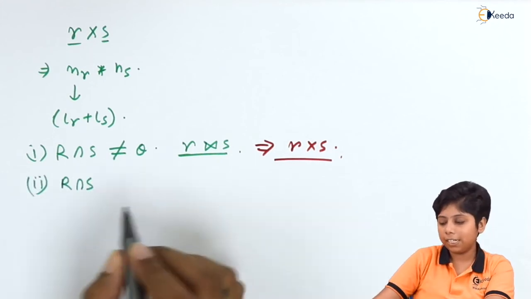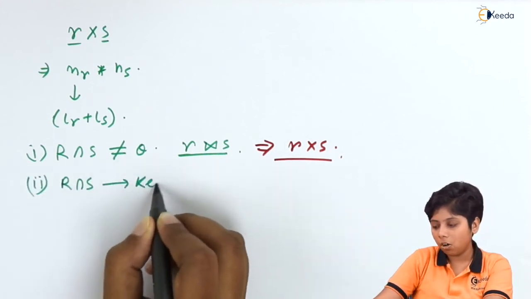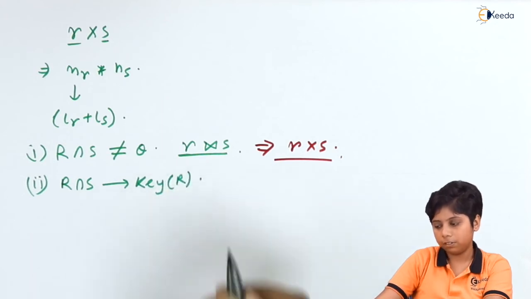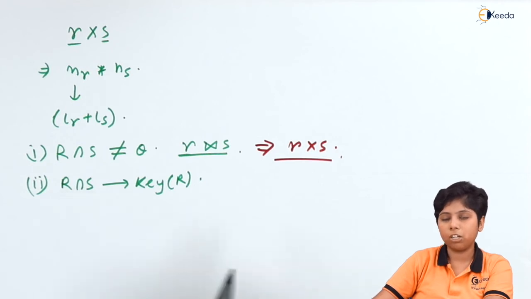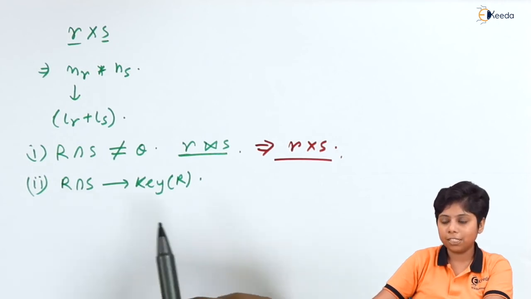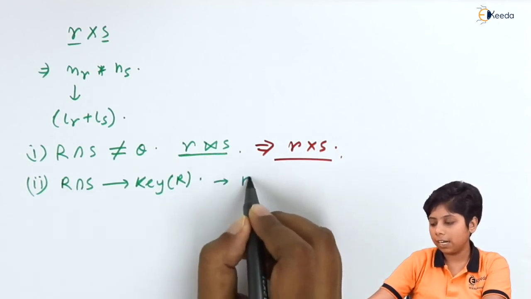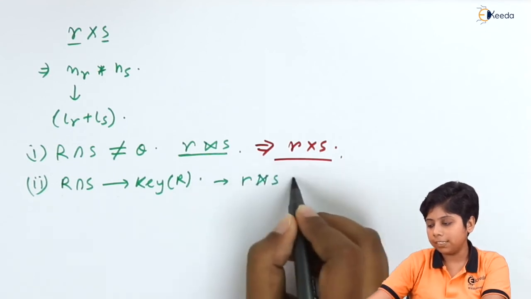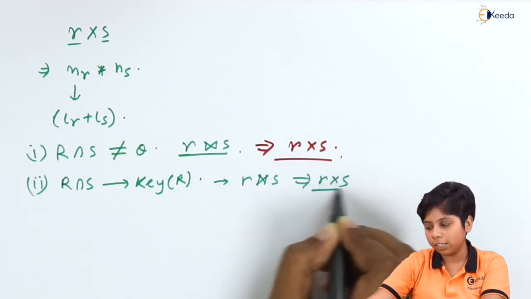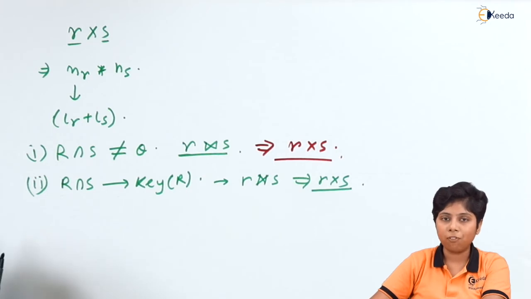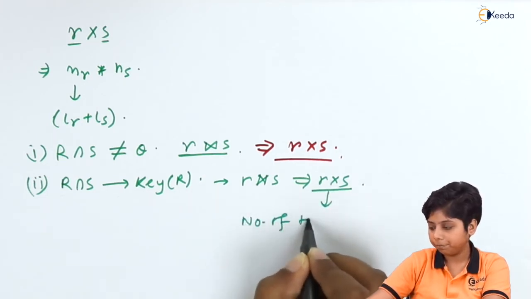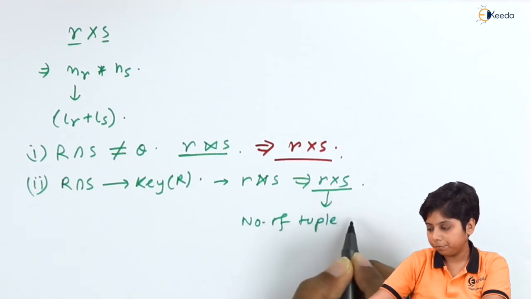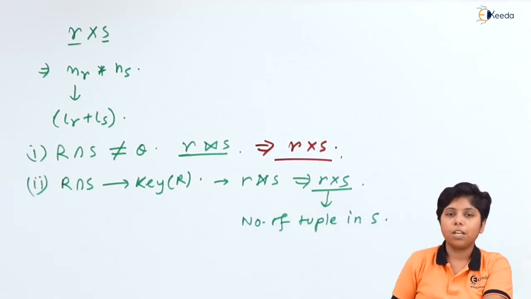Now if R intersection S is a key of R, then the primary key of R is the primary key of R intersection S. If this holds, then we can say that R join S implies R cross product S, but the number of tuples will be at most the number of tuples in S. Why?